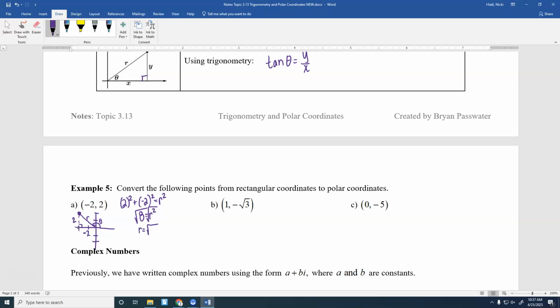Square root of 8, they're probably not going to leave it as square root of 8 because square root of 8 will break down. What could you break 8 down into? 4 and 2. So this is square root of 4 times 2, and the square root of 4 is 2. So they'll probably do 2 root 2 for that.